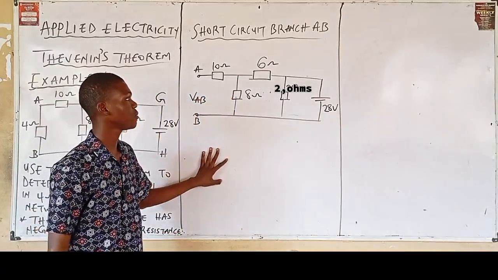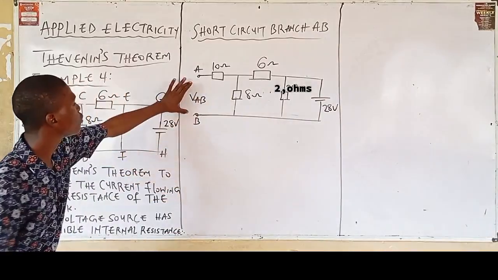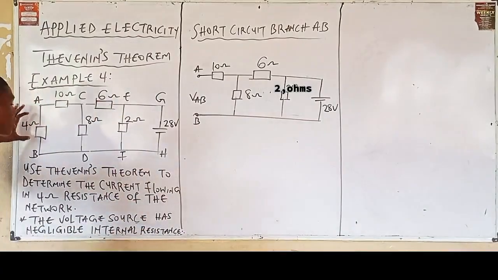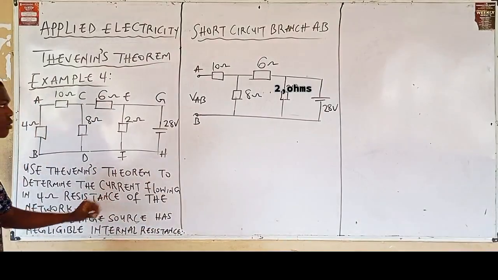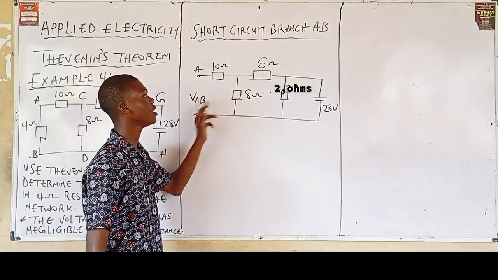After short-circuiting, this is what my diagram looks like. Meaning I've removed the load resistor. Removing the load resistor simply means removing the resistor you have to calculate the current for. The unknown voltage we represented as VAB.